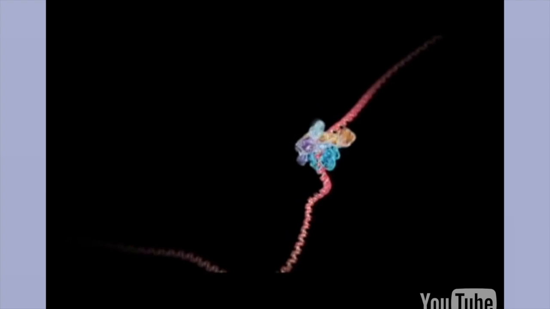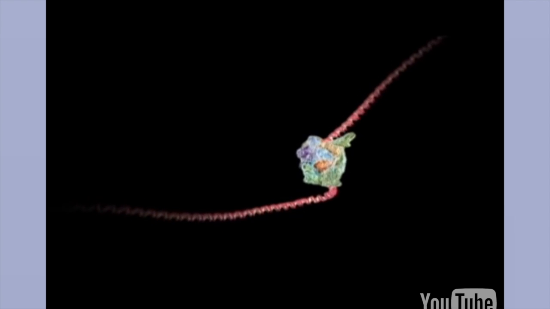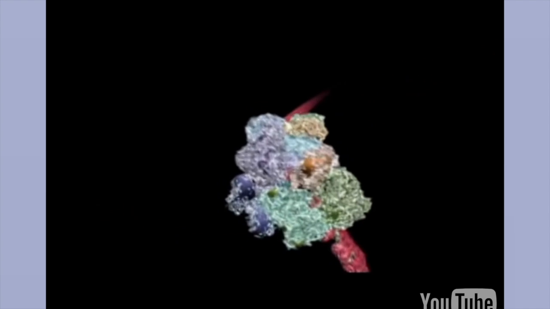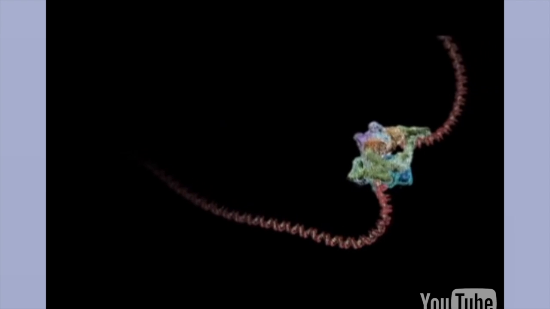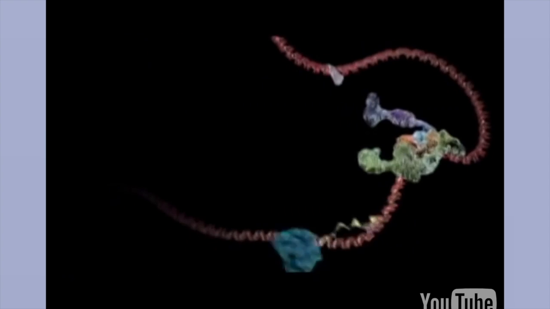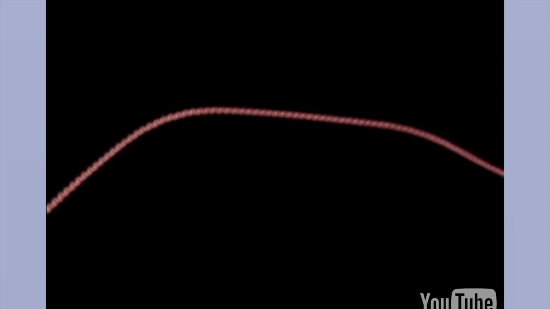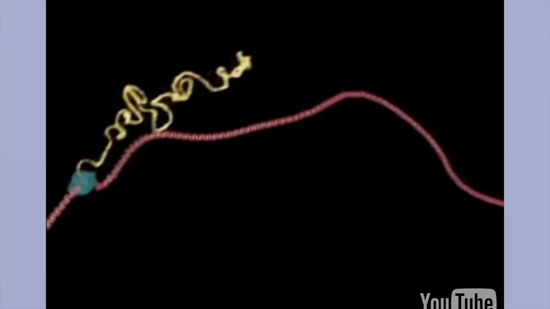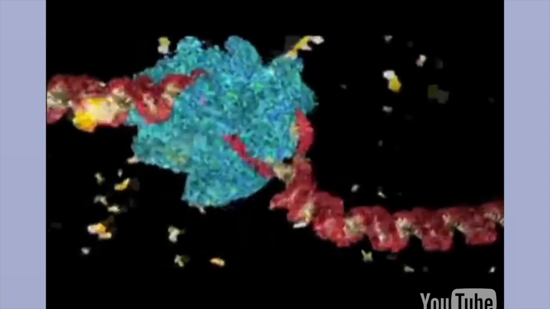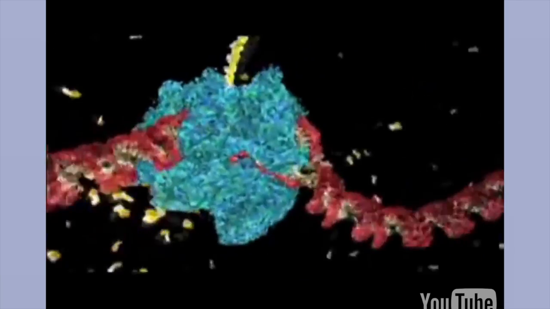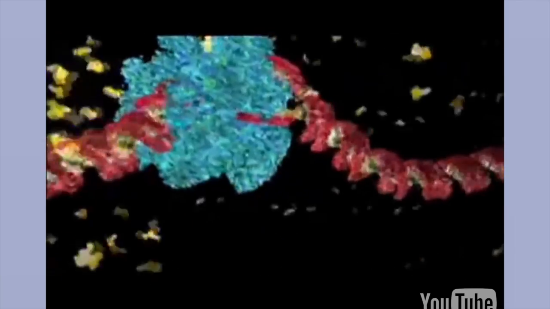The gene is the length of DNA stretching away to the left. Everything's ready to roll. 3, 2, 1. The blue molecule racing along the DNA is reading the gene. It's unzipping the double helix and copying one of the two strands.